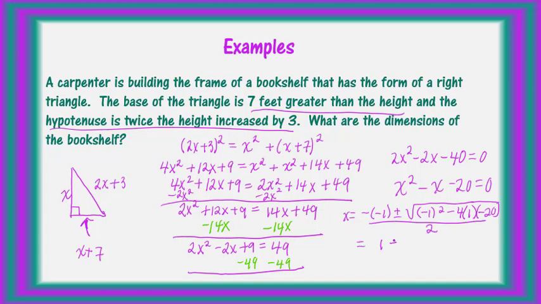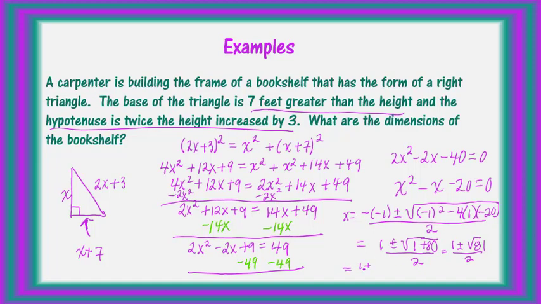So I have 1 plus or minus the square root of 1 plus 80, divided by 2, which is 1 plus or minus the square root of 81 divided by 2.